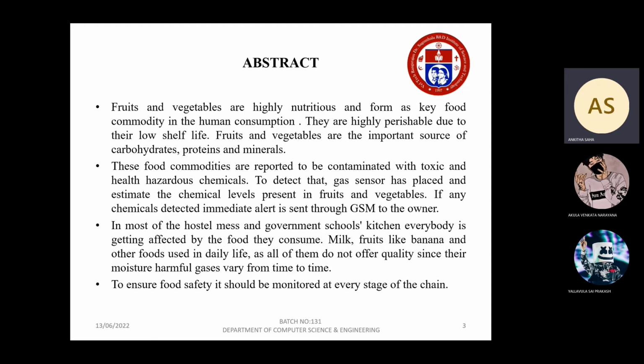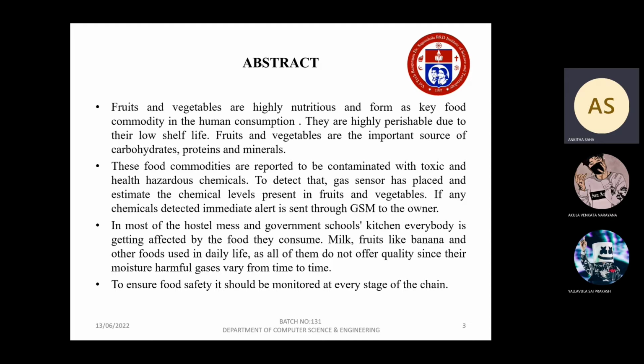So here is the abstract. Fruits and vegetables are highly nutritious, and they are the main food that every human should consume. But with all these benefits, there are some disadvantages also.